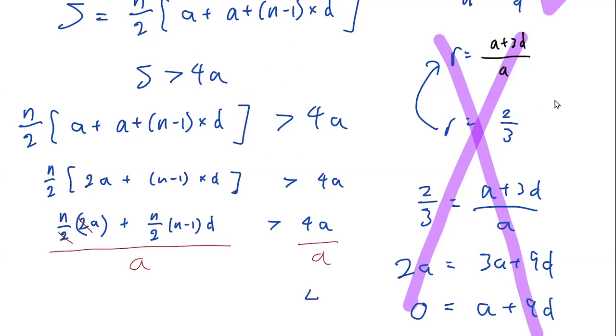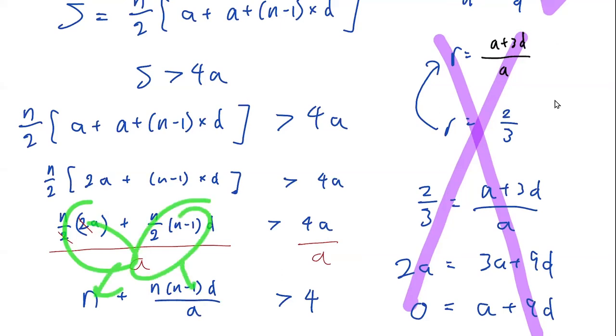So I'll be left with a 4 less than something, then this is nA, right? n times A divided by A, which means you're left with an n plus n times n minus 1 times d over A. You just have to split into two separate fractions, and I happen to cancel off the A to leave behind the n.